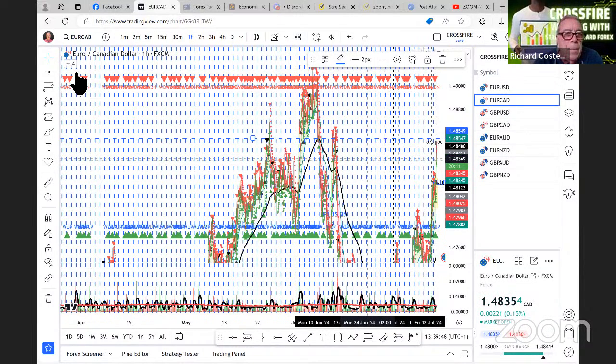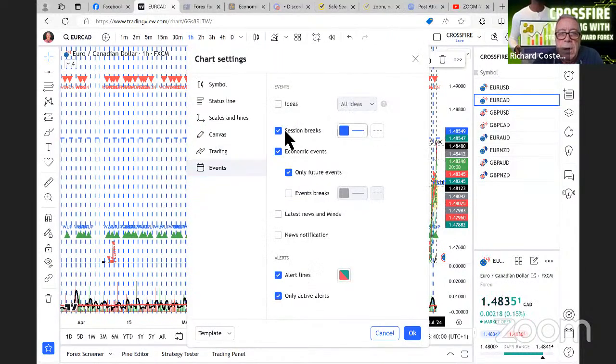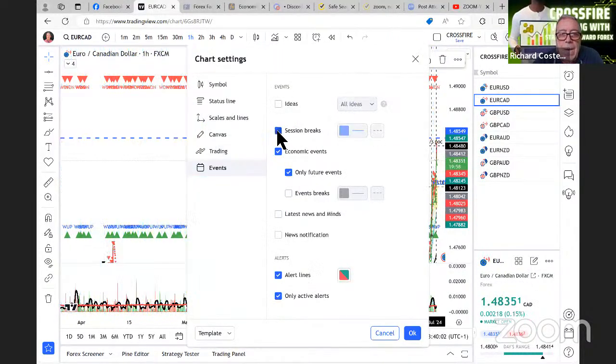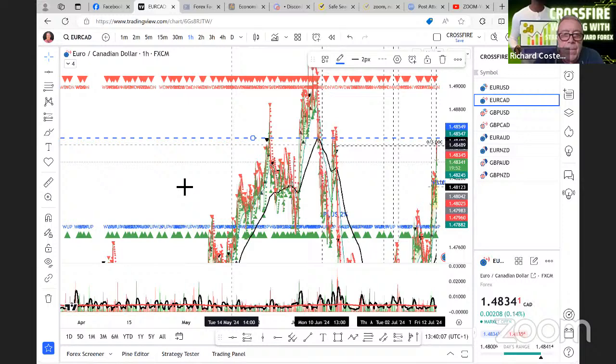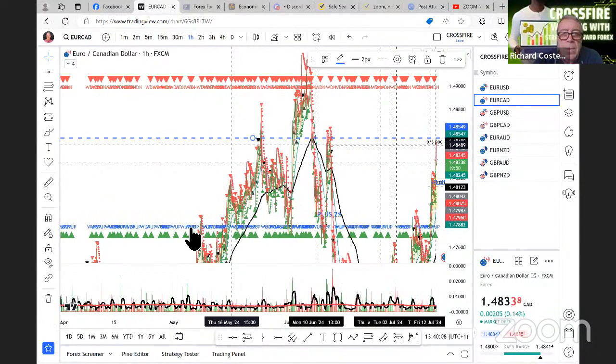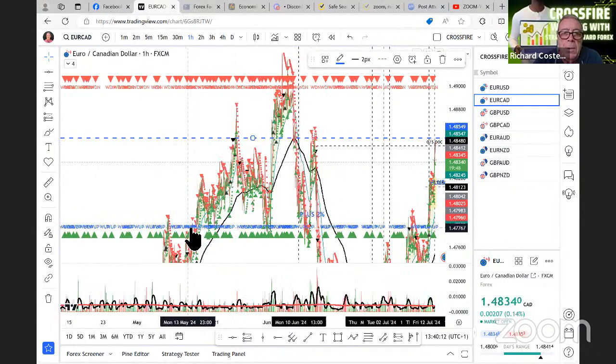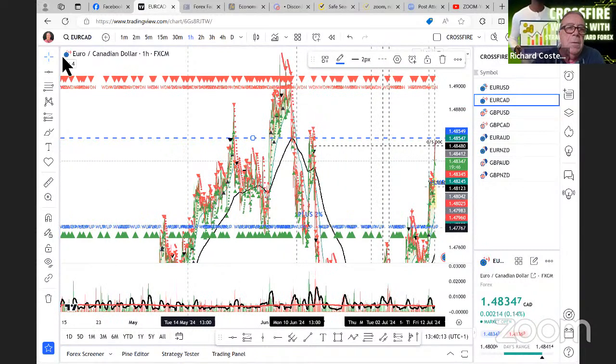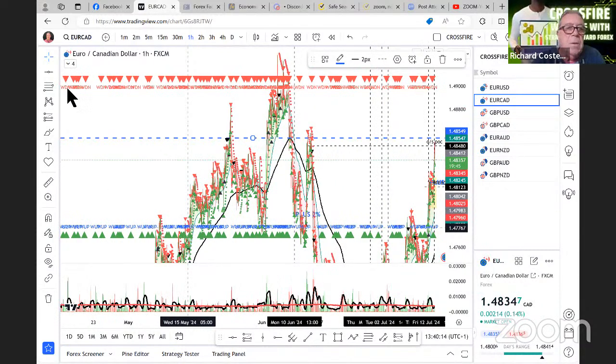It's going to be really difficult to see. I'm going to take a couple of things off here. I'm going to take off the session breaks for now. I'm going to put on the imbalance indicator and just see if we can see any obvious ones.